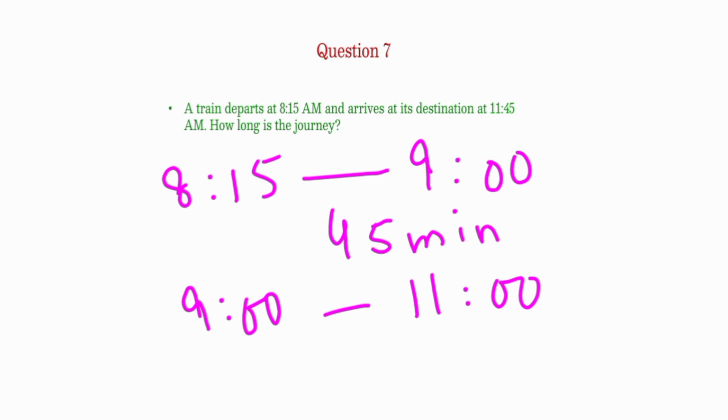Okay, from 9 to 11 we have 2 hours, and then in the third step I'll calculate from 11 to 11:45. We know that from 11 to 11:45 we have exactly 45 minutes.